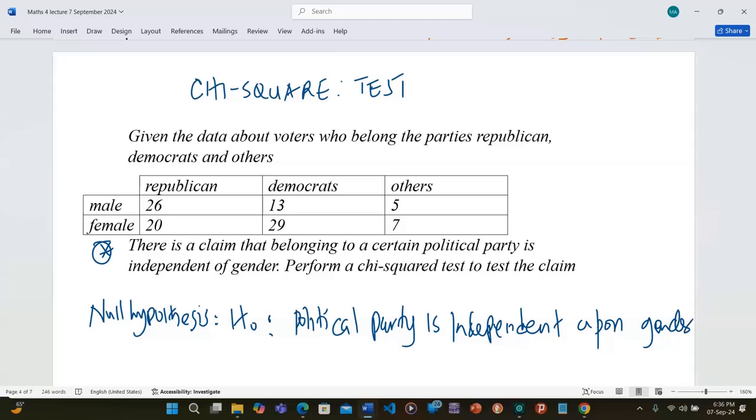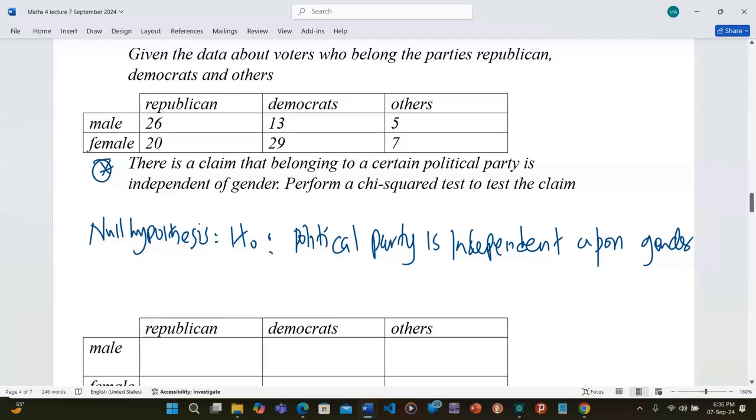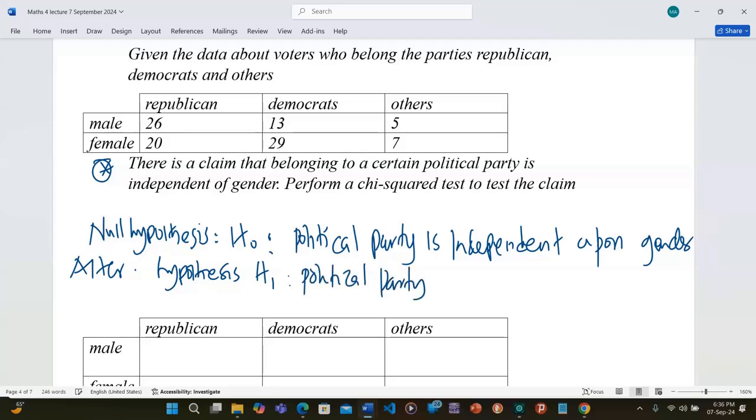The alternative hypothesis obviously is always opposite to the null hypothesis. So alternative hypothesis H1 is that the political party is dependent upon the gender. So what does this call us to do?